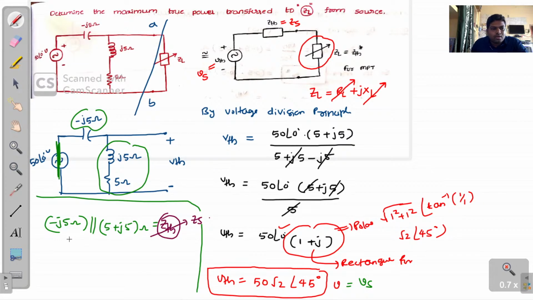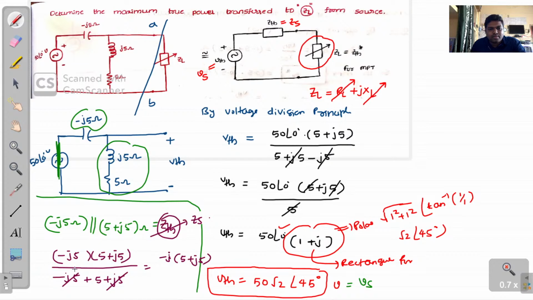So what you will get for Z Thevenin is minus j5 into 5 plus j5 divided by minus j5 plus 5 plus j5. These two cancel each other, and you will get minus j into 5 plus j5. So this 5 and this 5 cancel each other.